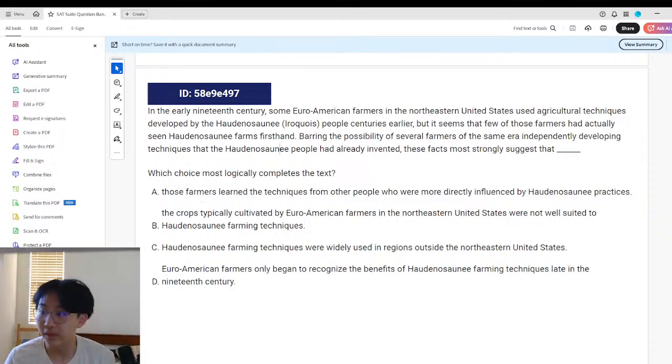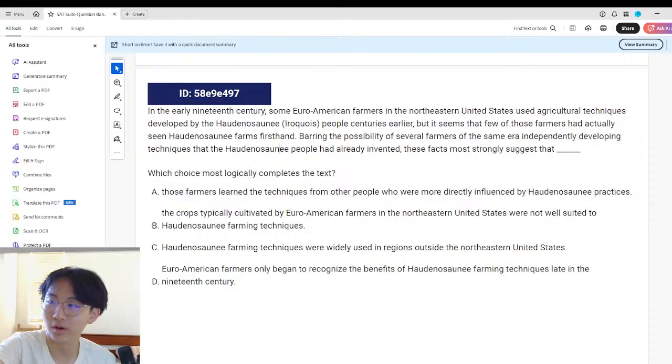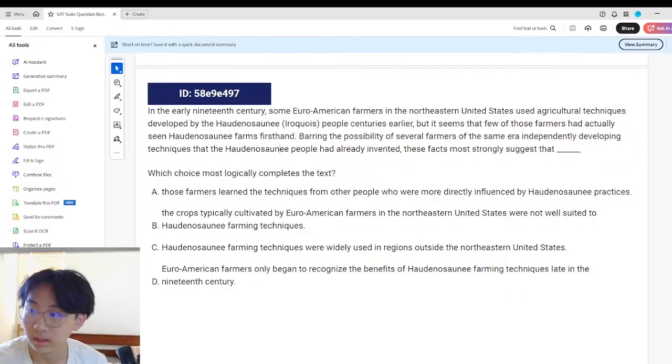Okay, so I'm gonna jump in. Let's look at the question. It says, in the early period, some farmers' agricultural techniques were the same as those of people centuries earlier, and they had actually seen them firsthand.